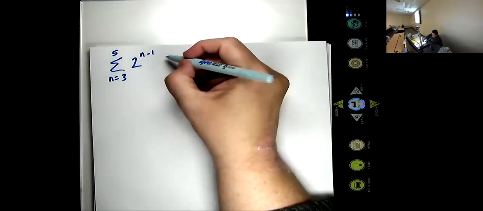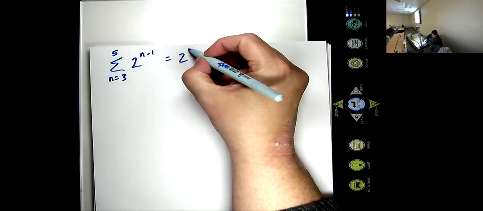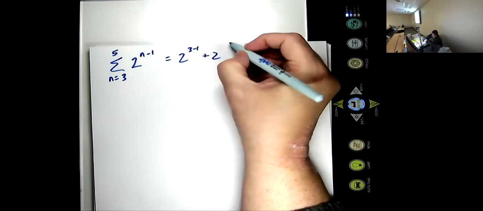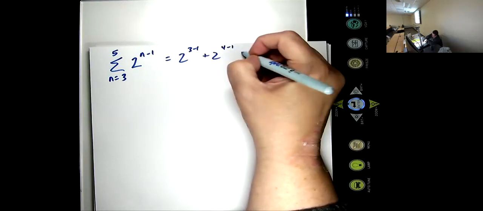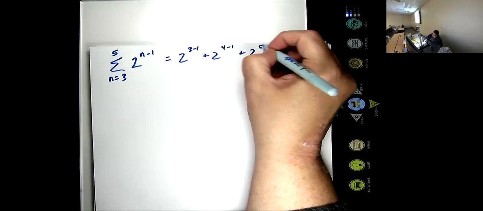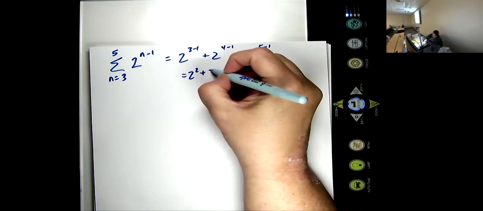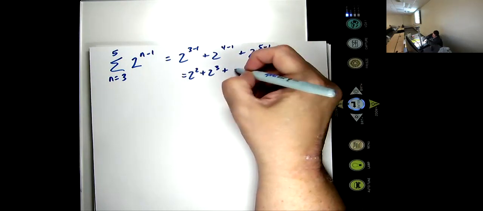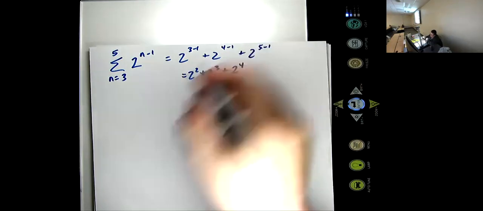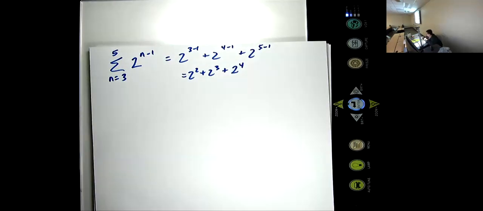Well, this would be 2 to the 3 minus 1 plus 2 to the 4 minus 1 plus 2 to the 5 minus 1. This is 2 squared plus 2 cubed plus 2 to the 4th power. Whatever we do, we need to end up with that.